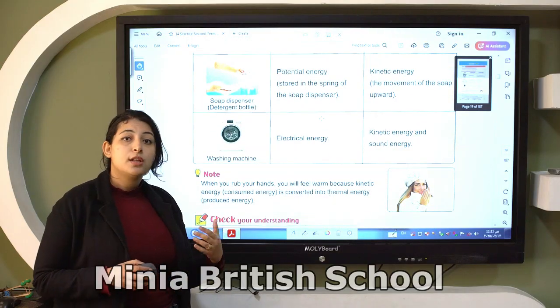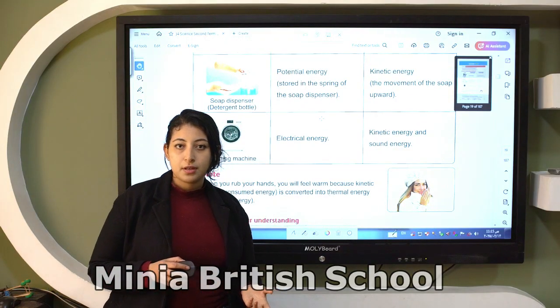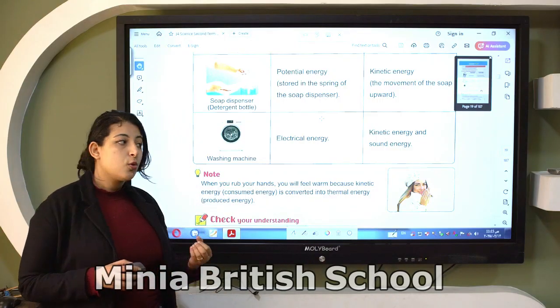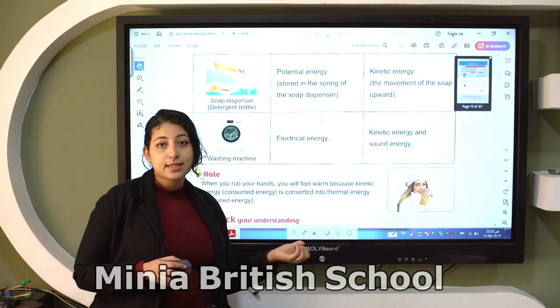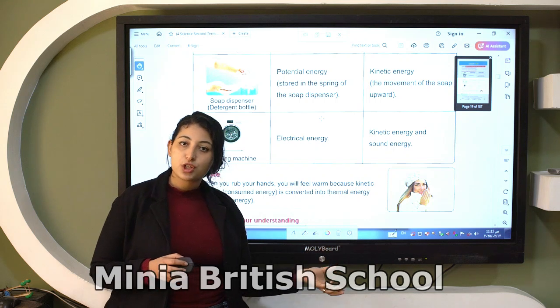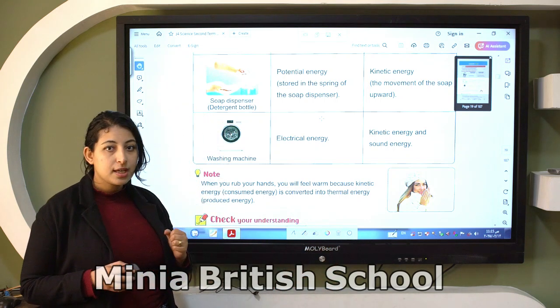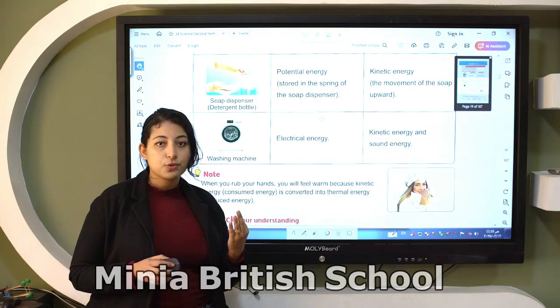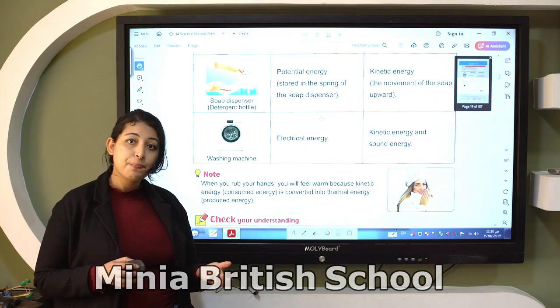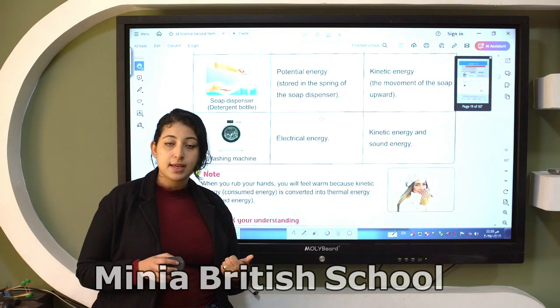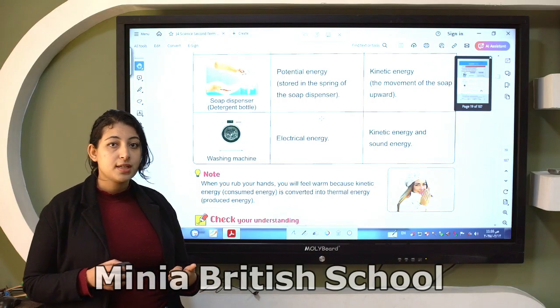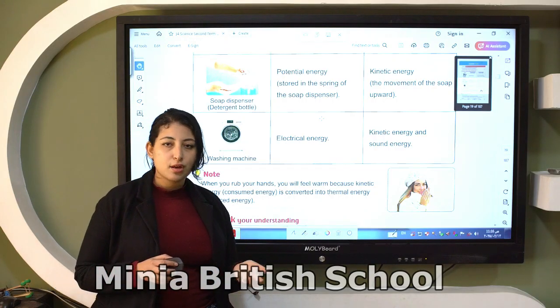The washing machine also looks like the hair dryer, but there is something different. The washing machine works by electric energy, so the input energy of the washing machine is electric energy. It produces three output energies, which are kinetic energy, that we need, the main energy, sound and thermal.